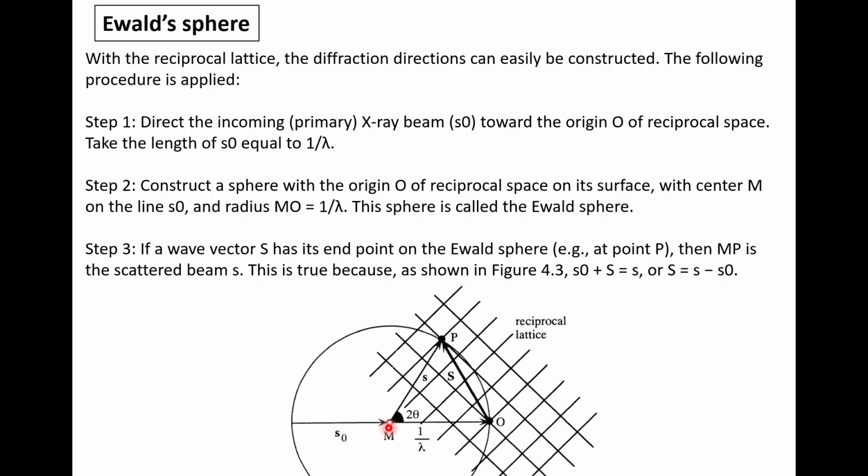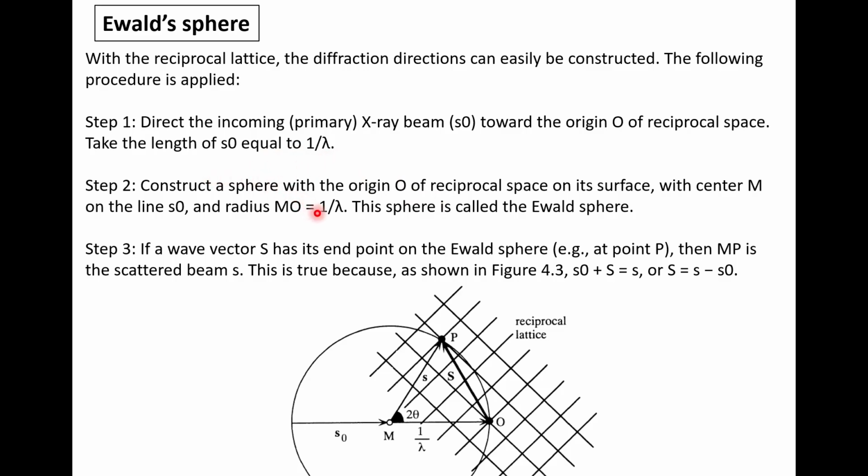From there it undergoes diffraction, and there will be a diffracted scattering vector, S. The length of S naught is 1 by lambda.